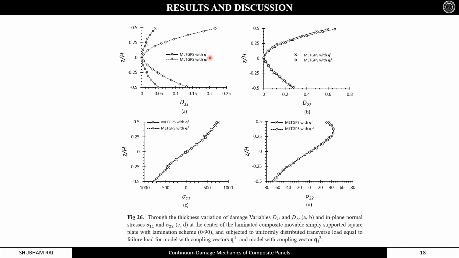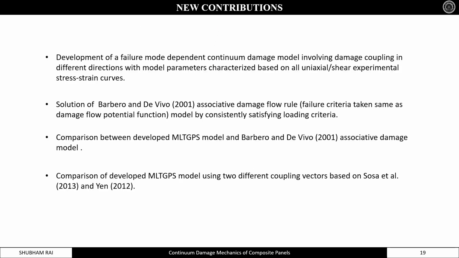Coupling vector Q2 is not predicting damage variable values consistent with the strength properties of the material, because the fiber reinforced composite material that we have considered has more strength in fiber tension, but coupling vector Q2 is predicting more damage in fiber tension, so it is not consistent with the strength properties. That's why we conclude that coupling vector Q1 is consistent with the strength properties of the material.